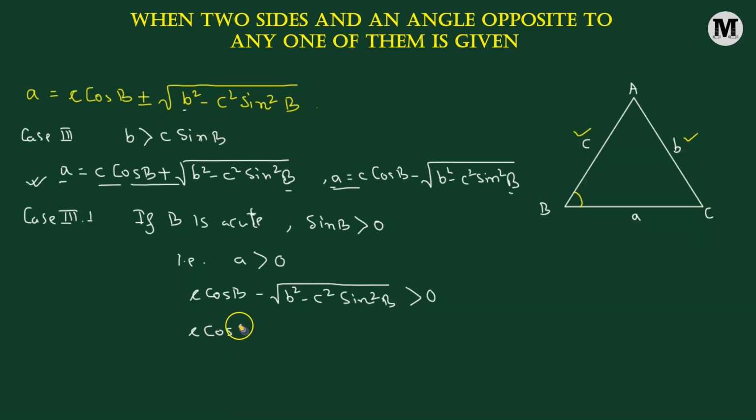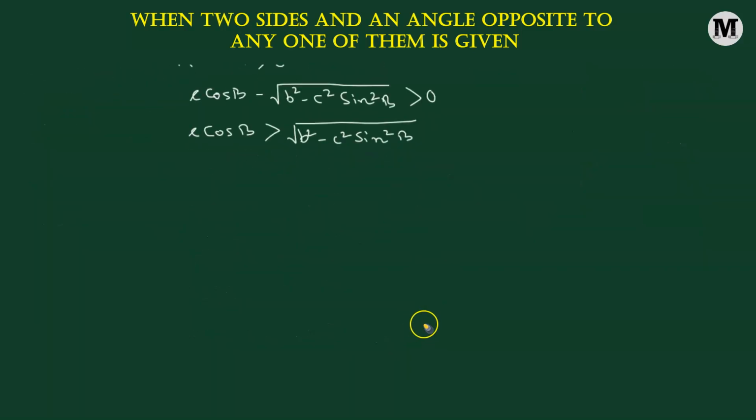We have C times cosine of B, and it has to be greater than the square root of B squared minus C squared sine squared B. To get rid of the square root, all we have to do is square both sides. That's going to give us C squared cosine squared B, which has to be greater than B squared minus C squared sine squared B. Squaring both sides is not going to affect the sign of the inequality. Now let's transpose negative C squared sine squared B to the left hand side of the inequality.